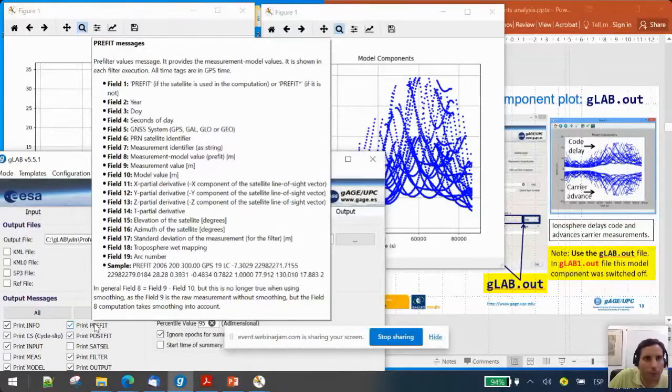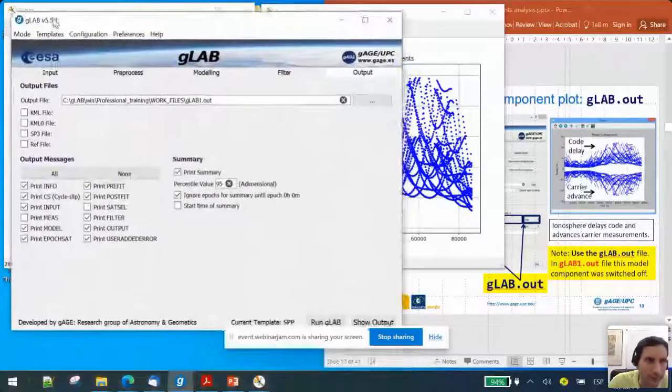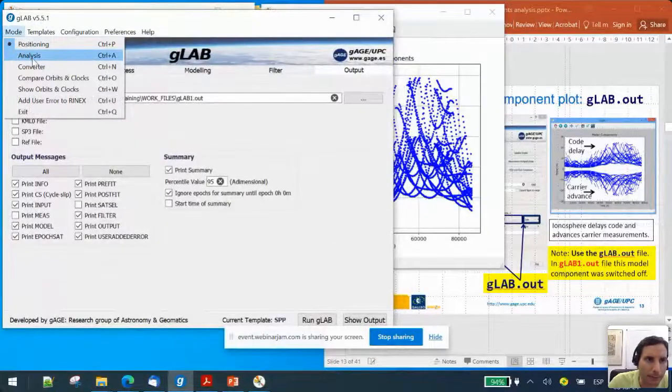For the row starting with, in this case, prefit, we have 19 different messages. Then message 1 is prefit, column 2 is the year, column 3 is the day of the year, and so on. These are the numbers that you see in the analysis.